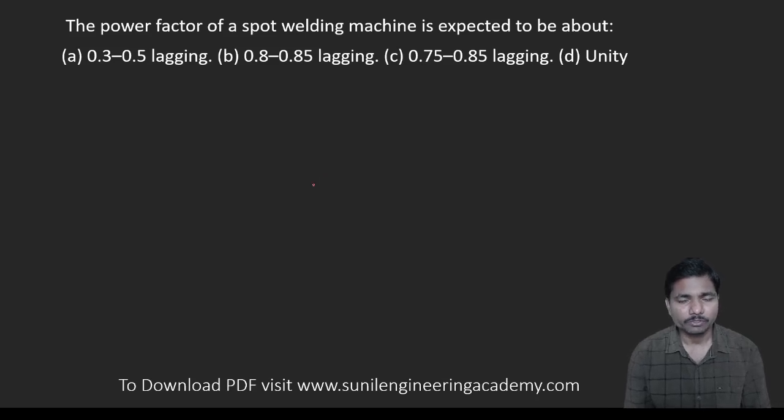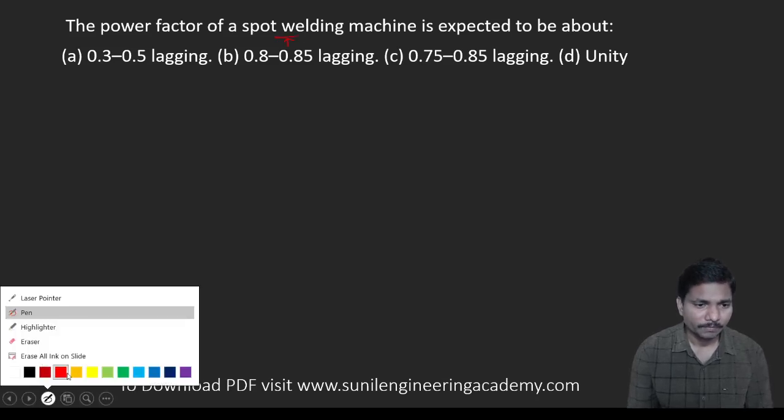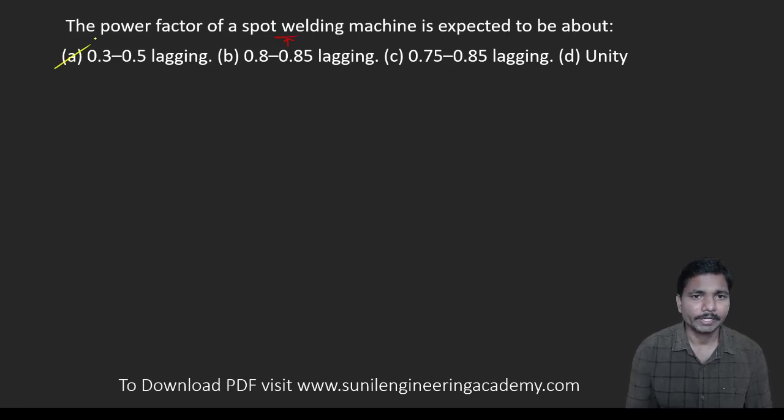The power factor of a spot welding machine is expected to be about dash. In spot welding, the power factor will be very low, approximately 0.3 to 0.5. Why? Because the current is high and the voltage is low, so there is an angle between the voltage and current, and we get a low power factor.